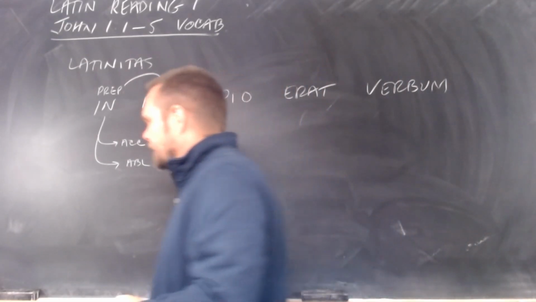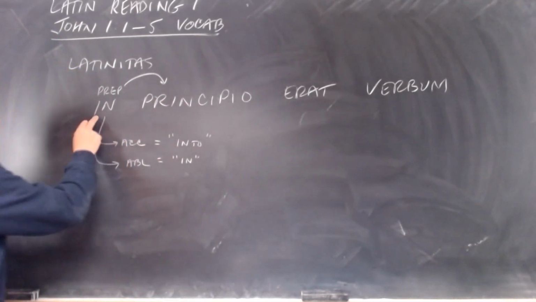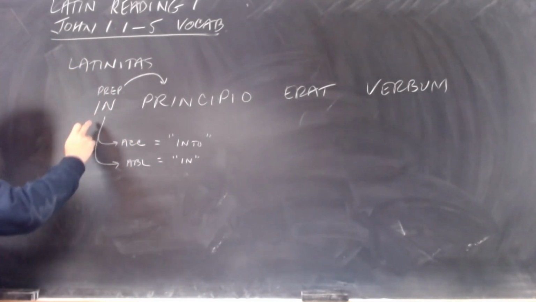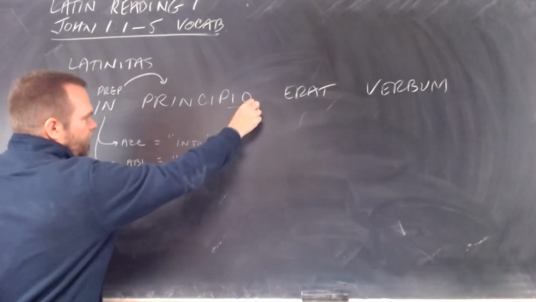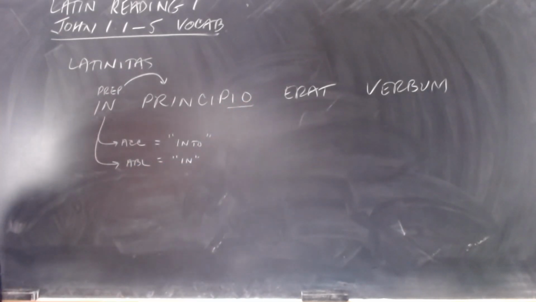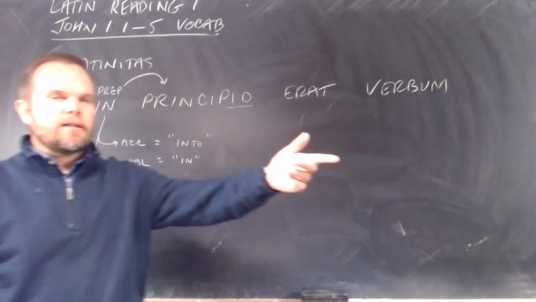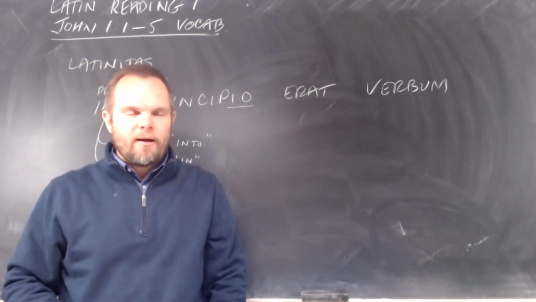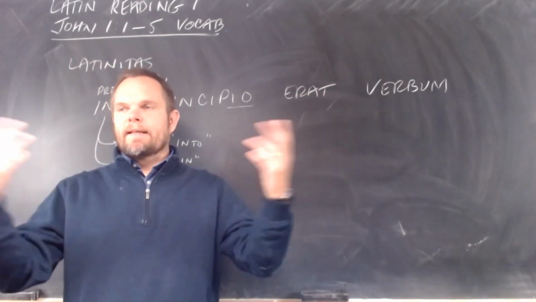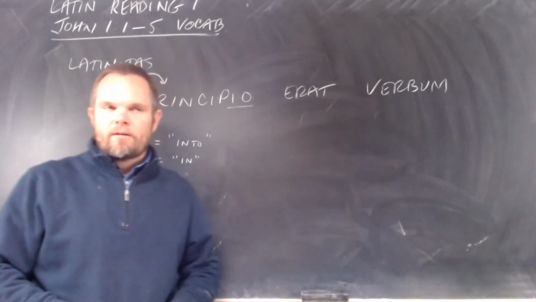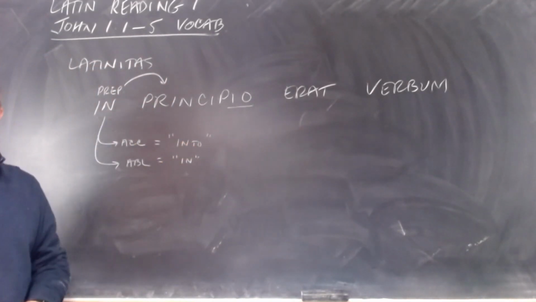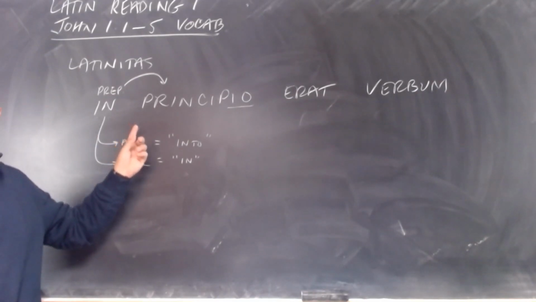So the correct translation of this preposition is going to depend on the form of this noun. You don't just guess at it. You don't look at the dictionary, see all the different possible translations, and just guess one. You use grammar to help you decide how this preposition should be translated.